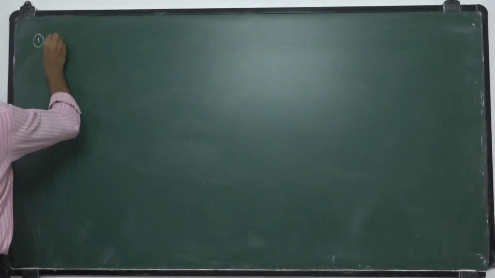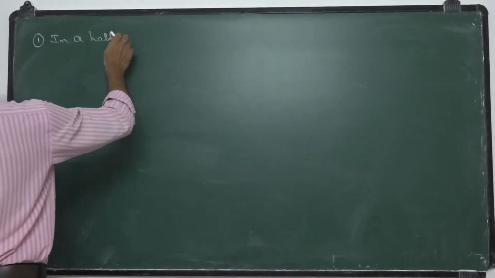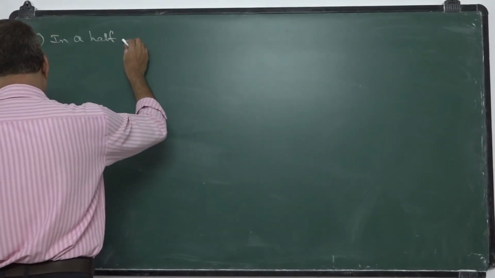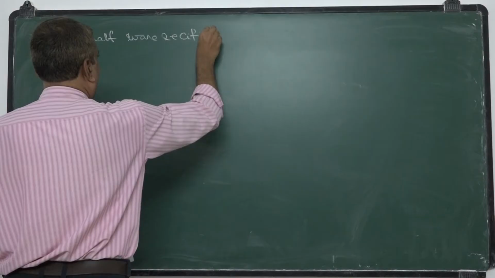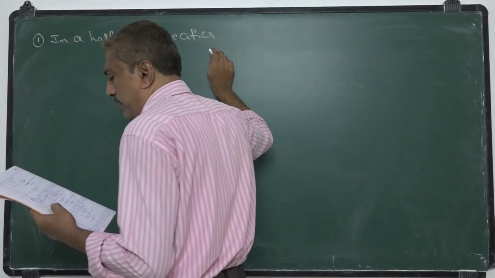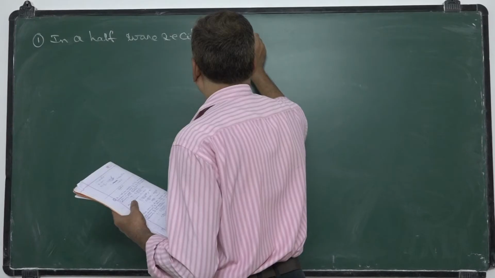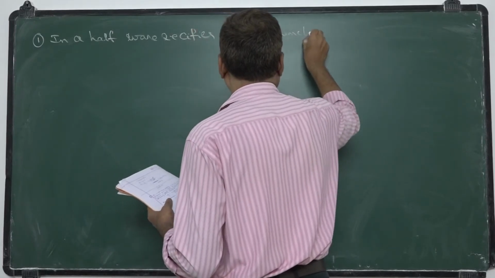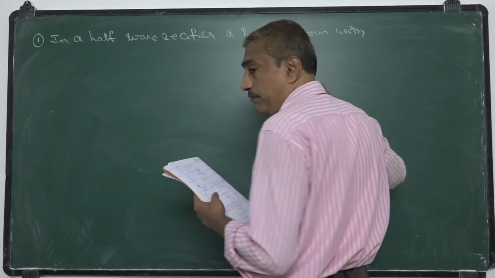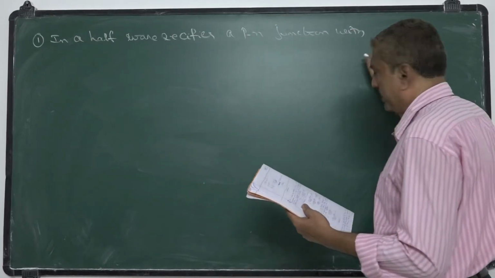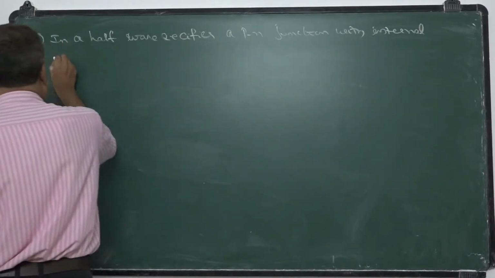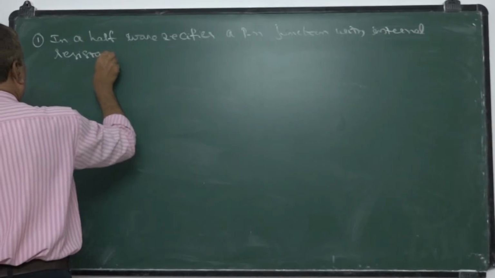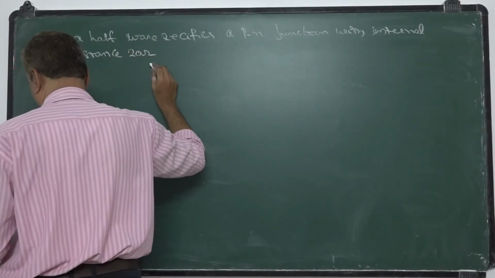First one: in a half wave rectifier, a PN junction with internal resistance 20 ohm is used.